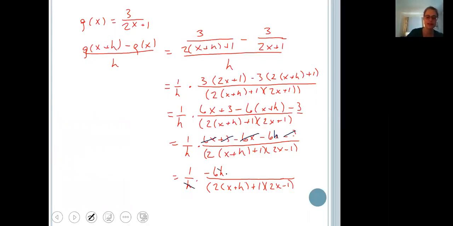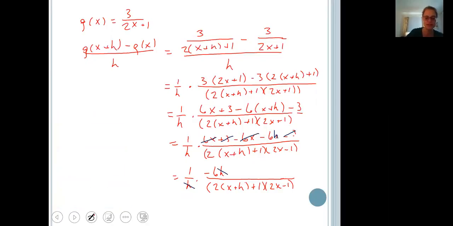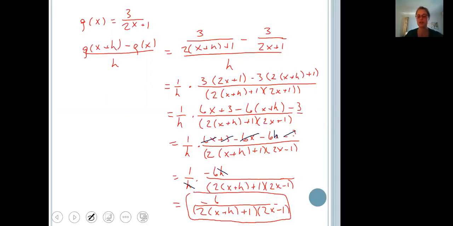My h's are going to cancel, and my end result is going to be negative 6 over 2 times x plus h plus 1 times 2x plus 1, and just leave it like that. No need to do that multiplication in the denominator.